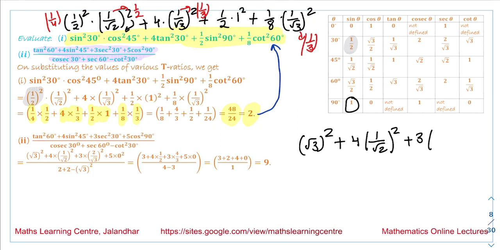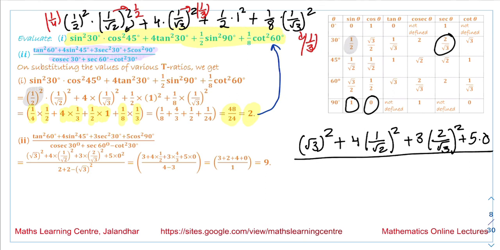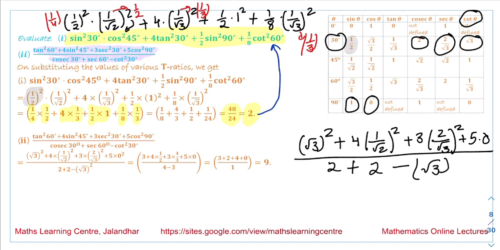The value of secant 30 is 2 by square root 3, squared, plus 5 times cos 90 degrees, and cos 90 degrees is 0, divided by cosecant 30 degrees. Cosecant 30 degrees is 2, plus secant 60 degrees, which is 2, and cot 30 degrees, which is square root of 3, squared.